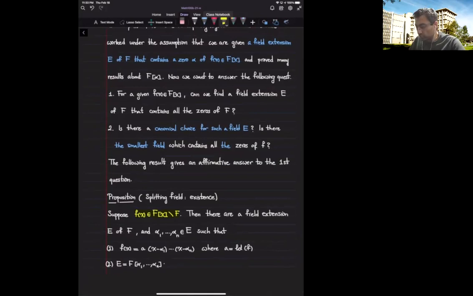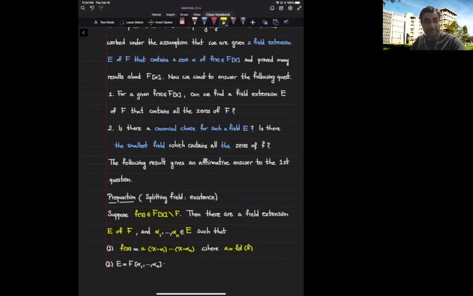In that case, we want to show existence of a field extension E of F, and elements alpha 1, alpha 2, alpha n inside this field extension, such that, first of all, my polynomial f can be written as a product of these degree 1 factors, and because I'm not assuming that f is monic, I need to also multiply the whole product of these linear factors by the leading coefficient of the polynomial f.